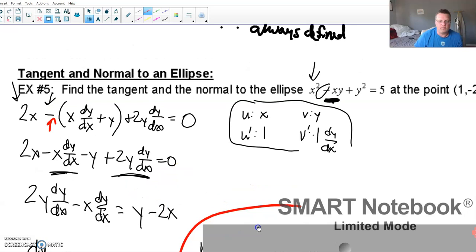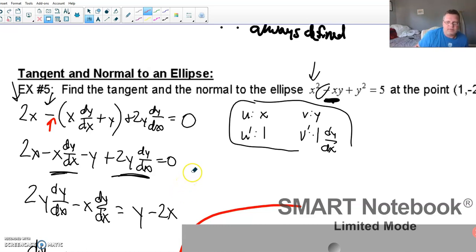And I've got to move this over. So take a minute to look at that. I added the y, I subtracted the 2x, and if you have negative 2x plus y, that's fine. And then I just did 2y dy dx minus x. Sometimes people lose that negative in front of the x.